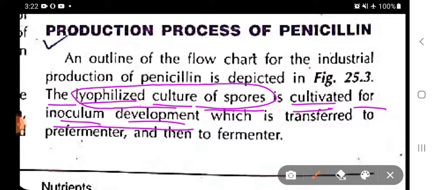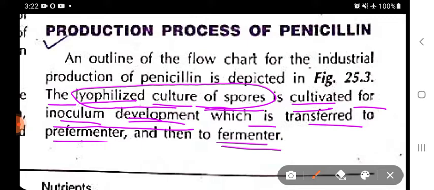Just remember, spores are the reproductive parts in fungus, in case of fungus where sporulation development occurs. And then after culturing, your inoculum is transferred to the pre-fermenter where we grow that Penicillium chrysogenum fungus, and then to a fermenter for our final production.